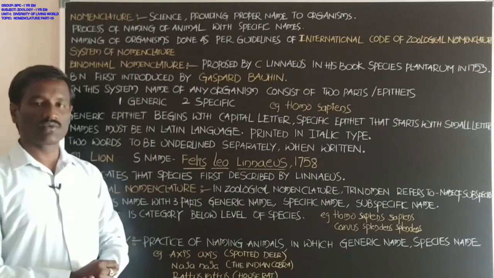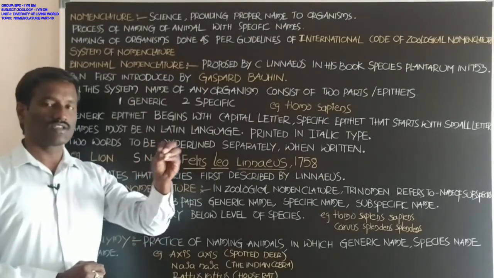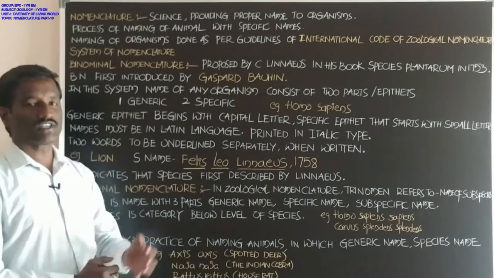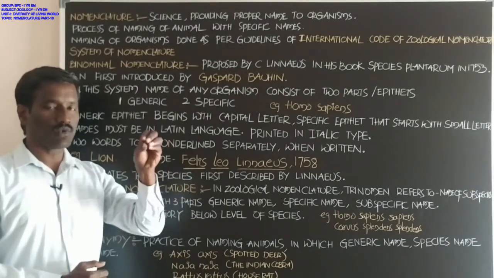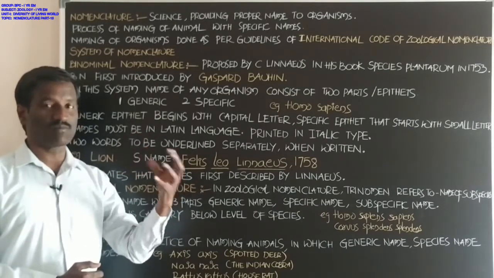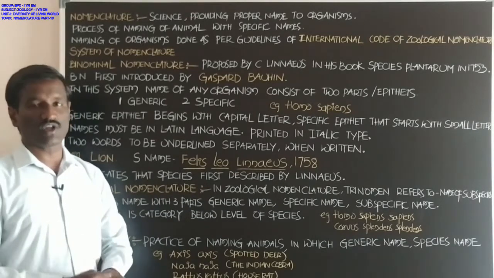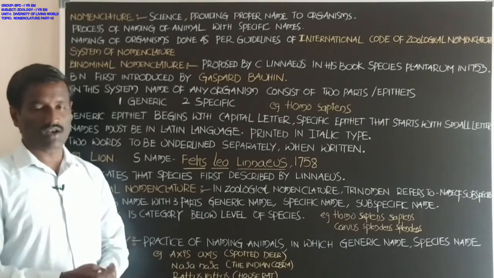Organisms have names given by the local region populations, in the local language where the species is available. This is called the vernacular name or local name.